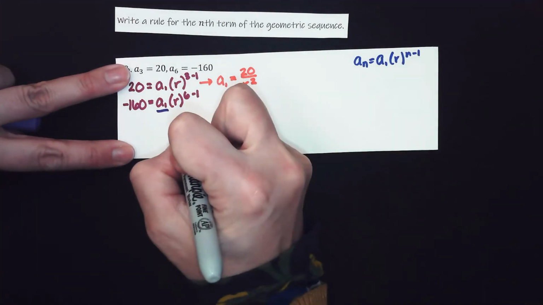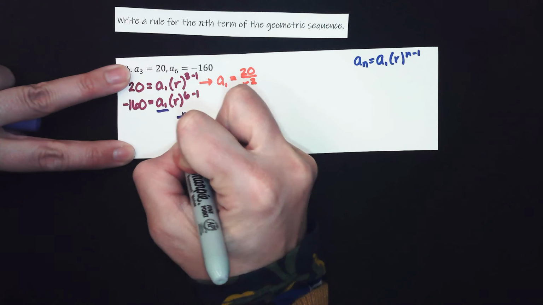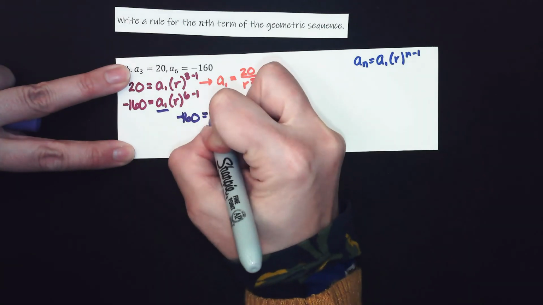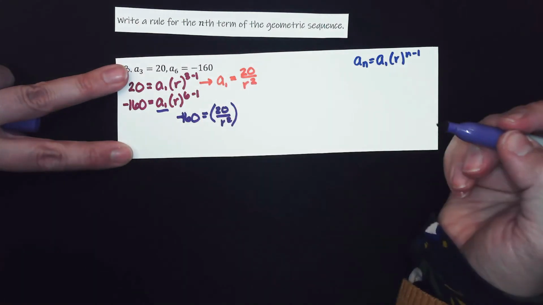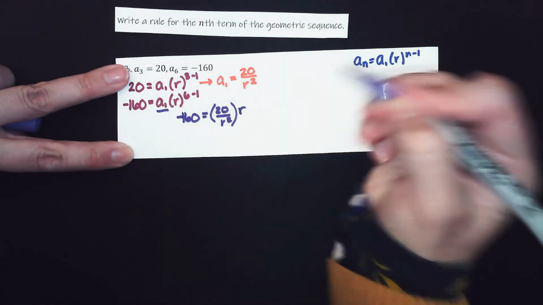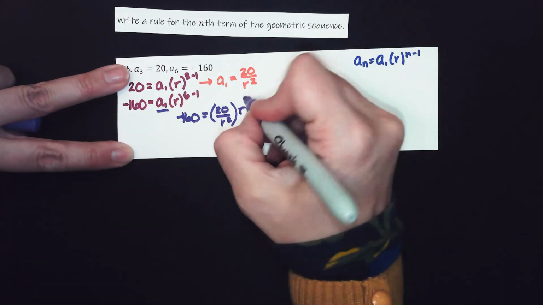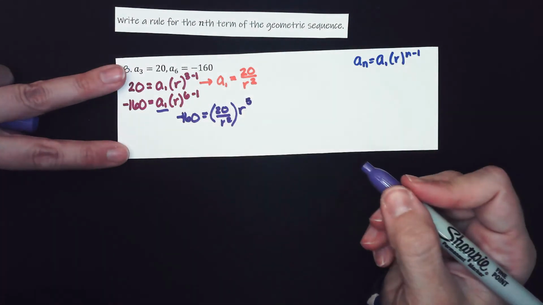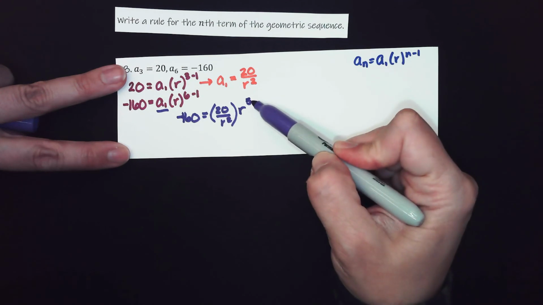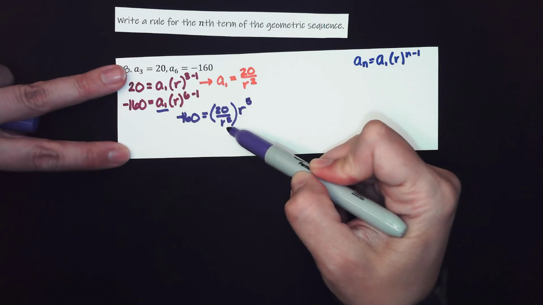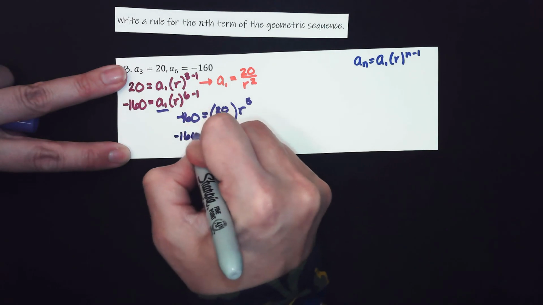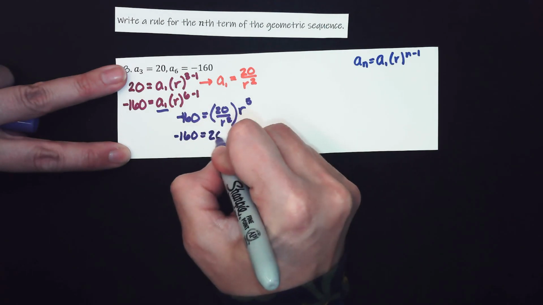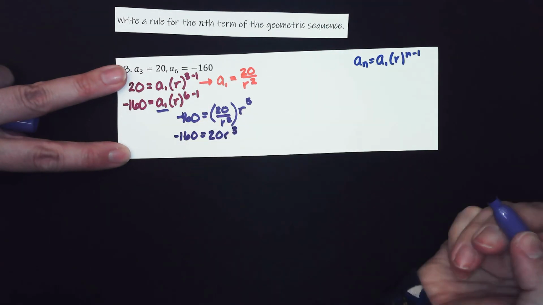So negative 160 equals 20 over r squared, you don't have to put parentheses there, times r, and then 6 minus 1 is to the 5th power. So I have r to the 5th in the numerator, r squared in the denominator. You subtract the powers, so I get negative 160 equals 20r cubed.